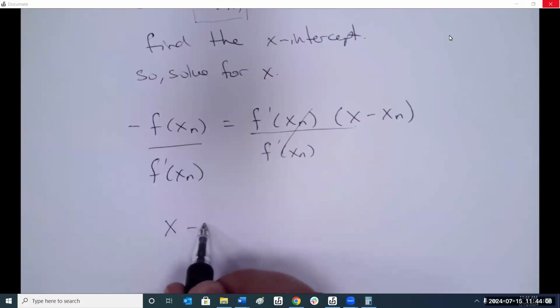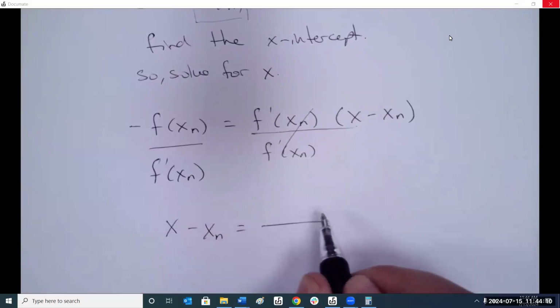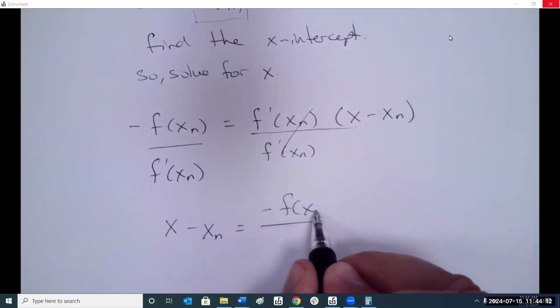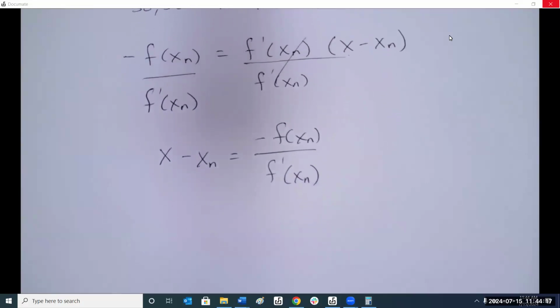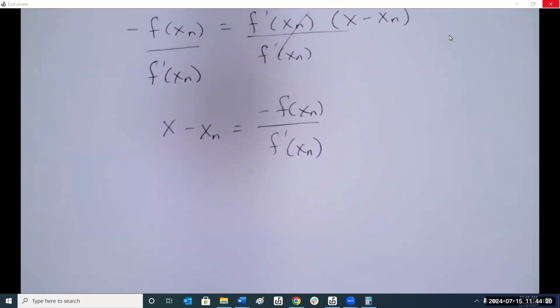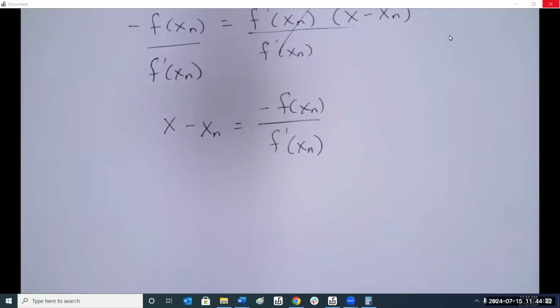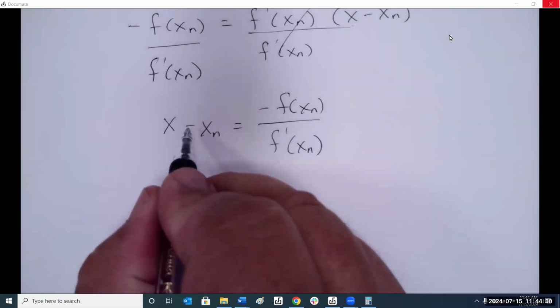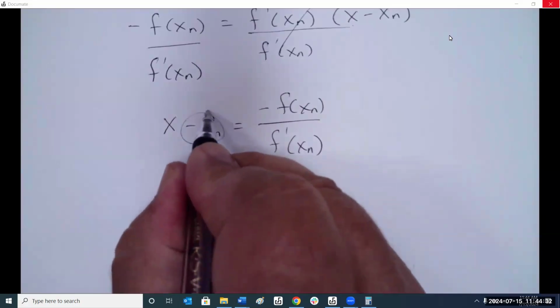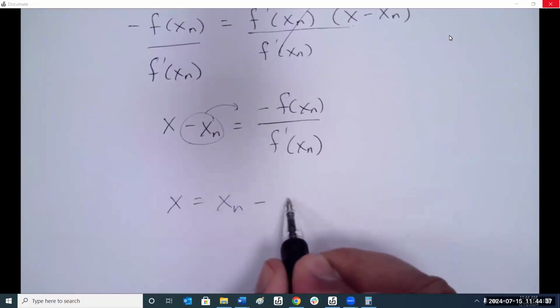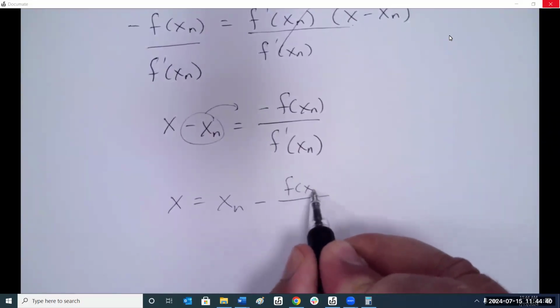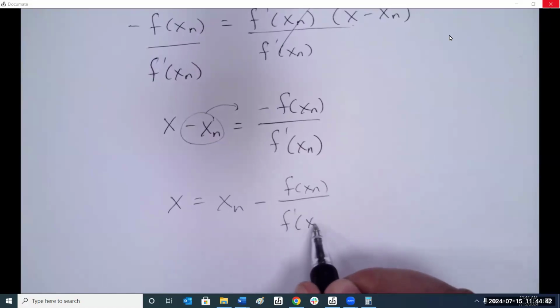We have x minus x sub n equals negative f of x sub n over f prime x sub n. Last step: we have to get x by itself, so I have to move this one over. So x is equal to x sub n minus f of x sub n over f prime x sub n.